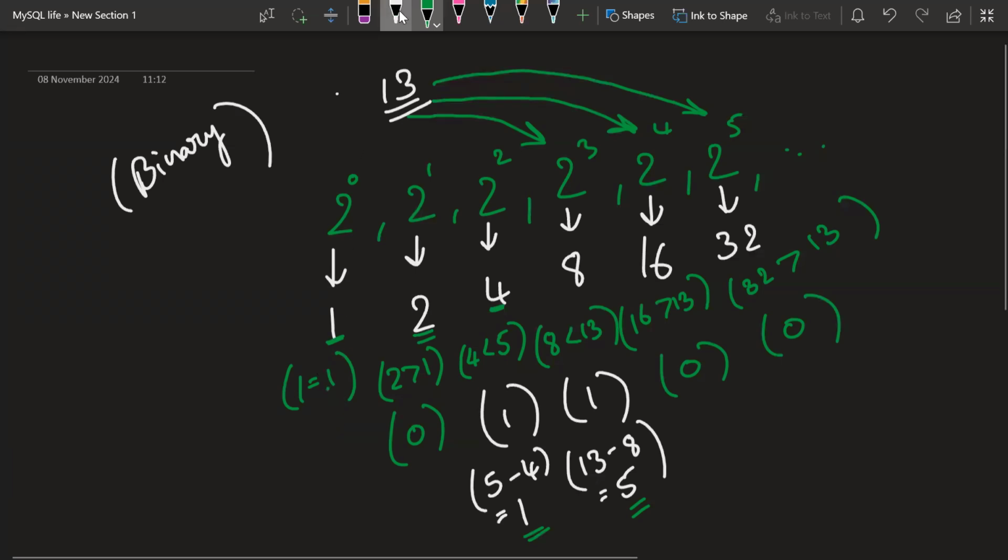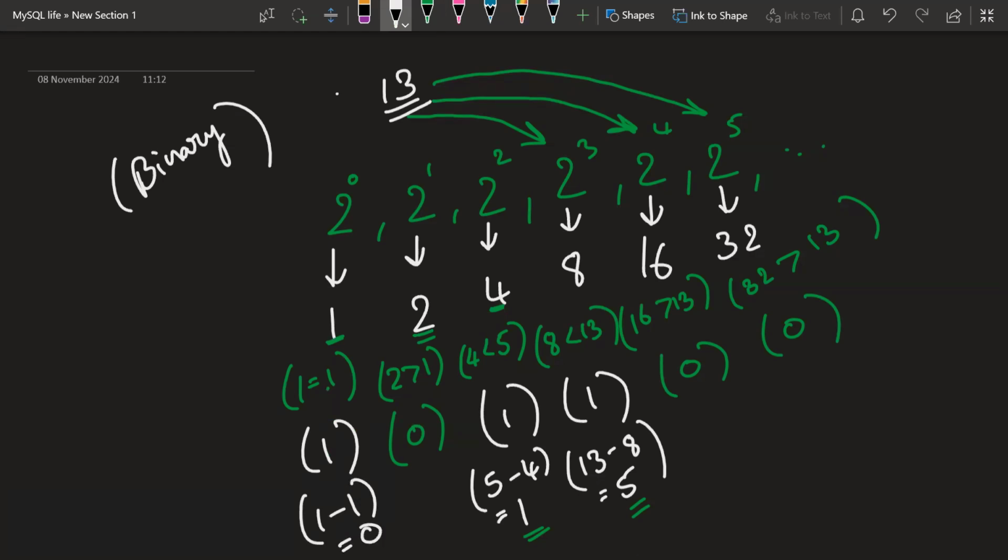Now I would place this position as 1 and I would subtract 1 minus 1, which gives me 0. Okay, now just rearrange all these numbers and group them together. For example, I have 0, 0, 1, 1, 0, 1.